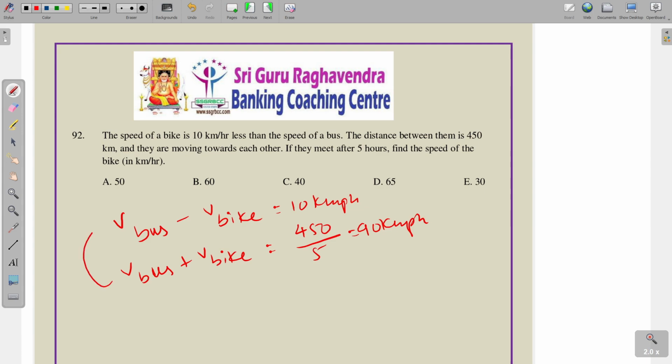From these two, subtract, and you get 2 bike equals 80 km per hour. The 2 cancels, so the speed of the bike is 40 km per hour.